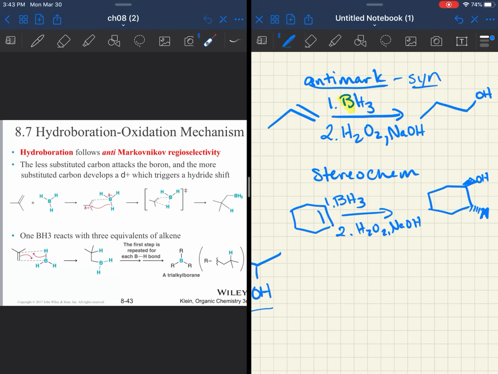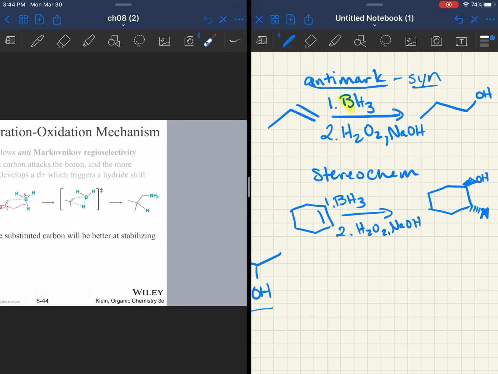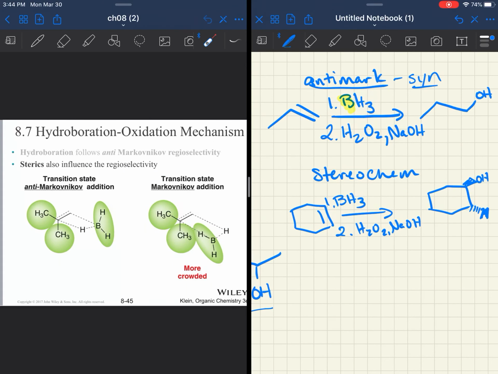You add the boron and the hydrogen at the same time. Since they're adding at the same time, it's going to approach the same side of the double bond. This bond here wouldn't be big enough for the boron to add to one side and the hydrogen to add to the other, so they add at the same time. The boron goes to the less substituted side, the hydrogen to the more substituted side. The very last step with the peroxide replaces that BH2 with your OH. That is definitely not covered in the mechanism, so you do not need to know that.